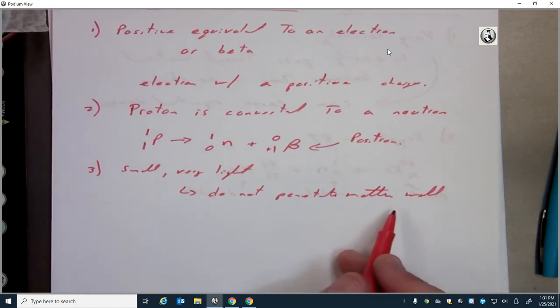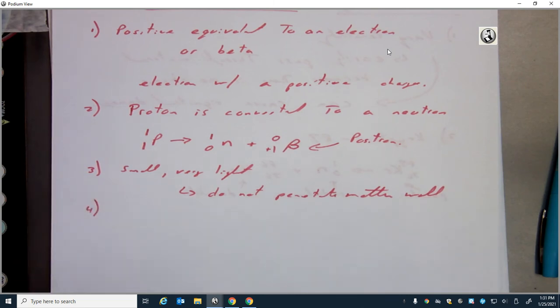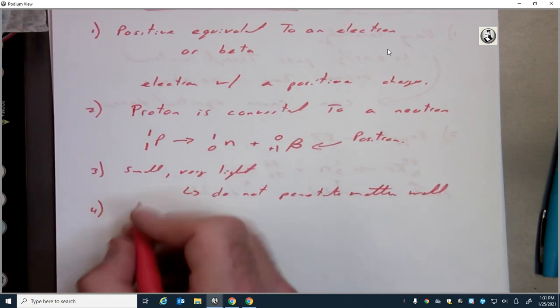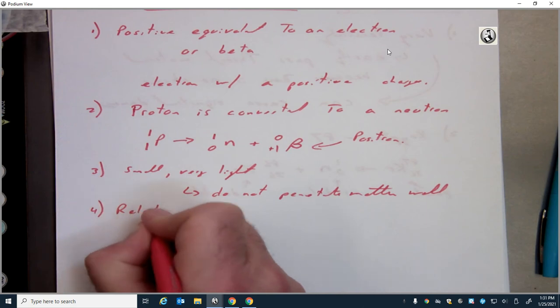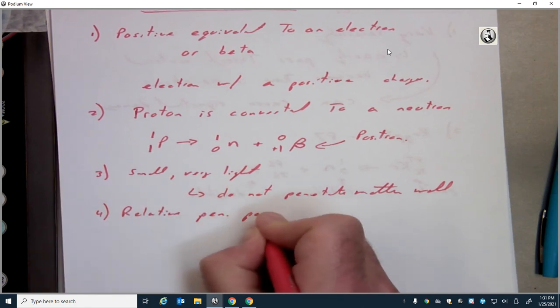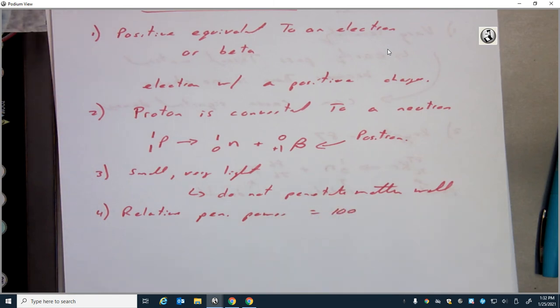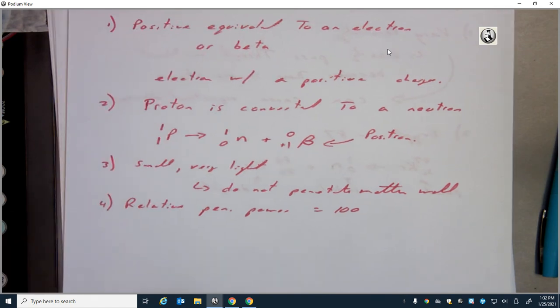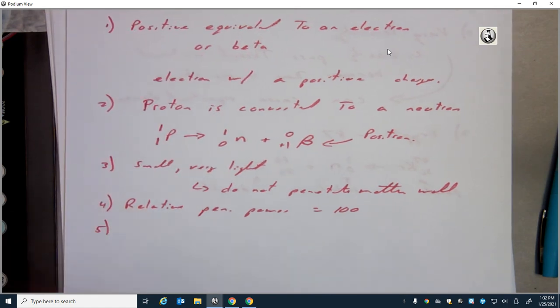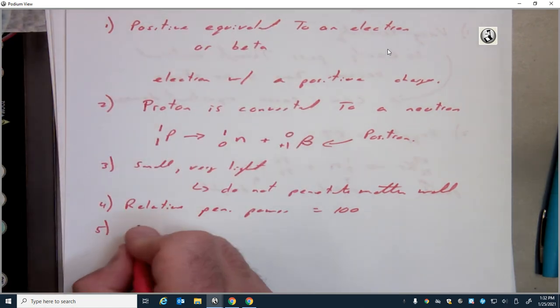So their penetrating power is just like a beta particle. So our relative penetrating power is equal to 100. So our positrons are considered to be antimatter.